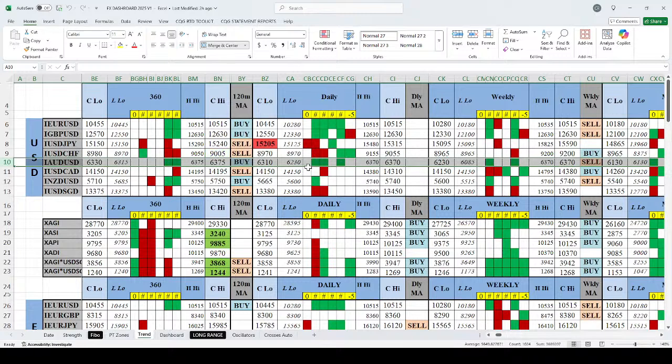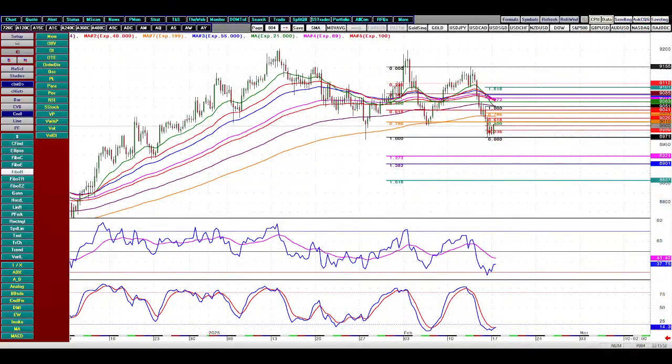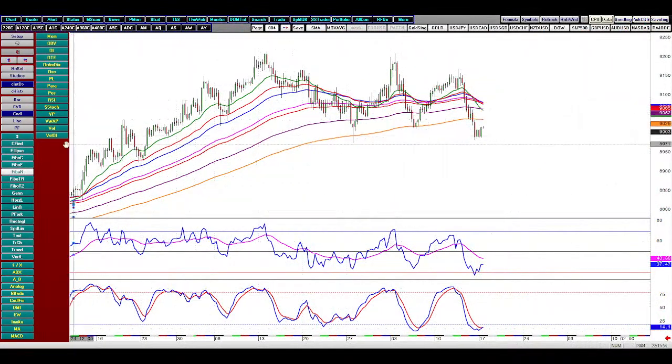Daily is also flat with an upside view. Weekly is also flat with the upside view. So overall, I think we should be going for a cautious buy or sell based on the rate announcement as well. So let's look into the chart for confirmation.